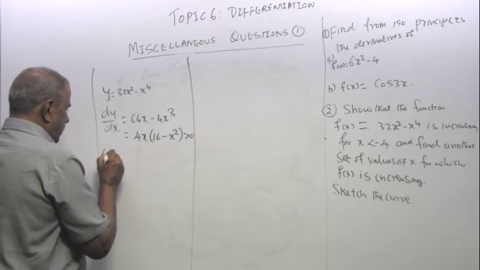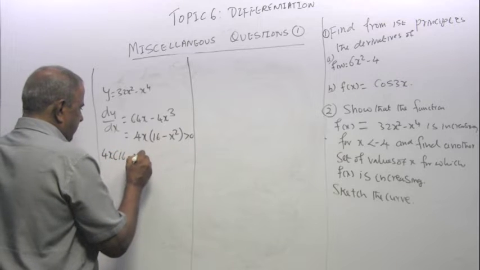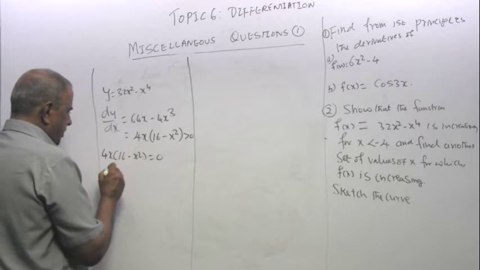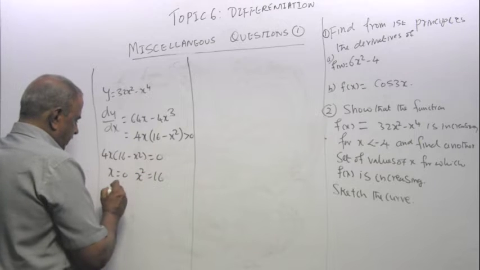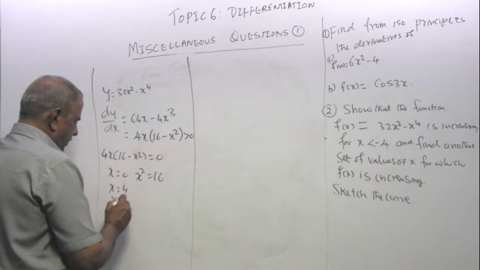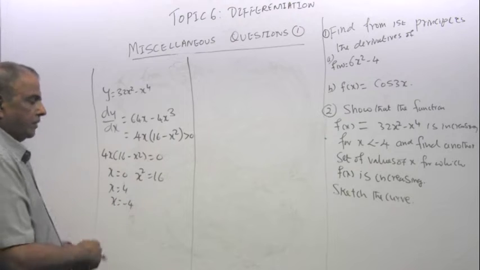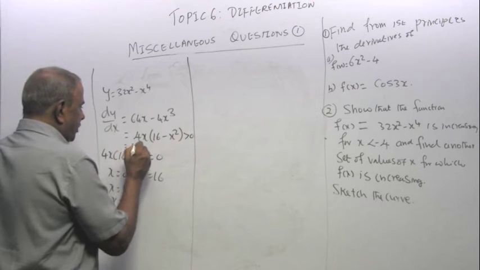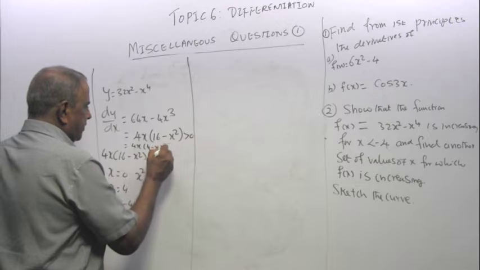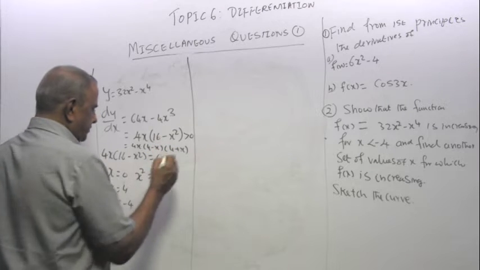So 4x times 16 minus x squared equal to 0. So we get x equal to 0. X squared equal to 16 gives me x equal to 4, x equal to minus 4. Can I write this as 4x times 4 minus x times 4 plus x?